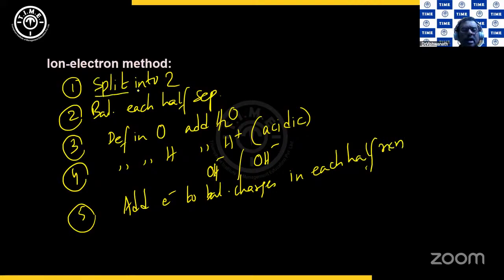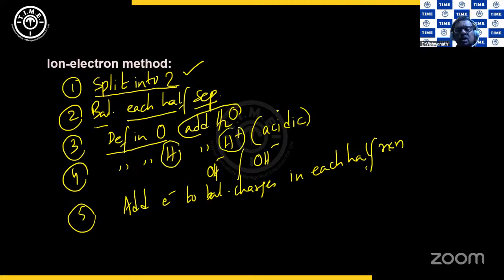See, we had split the reaction into two, one for oxidation, one for reduction, let us say. And each half reaction is to be balanced separately. And while we are balancing, whichever half reaction has an oxygen deficiency, there you add H2O. If one oxygen is deficient, add one H2O. Or if one hydrogen is deficient, add one H+. But then remind yourself, if it is an acidic medium, you need not do anything.